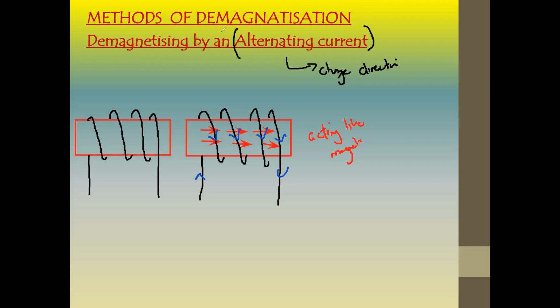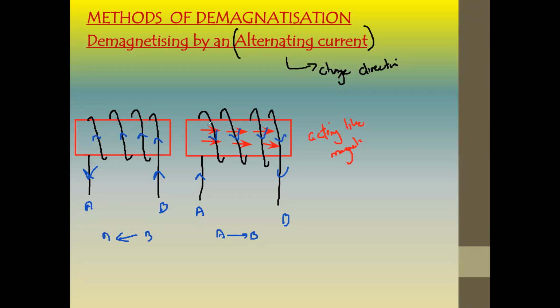Now alternating current means the current continuously changes. So first it was passing, for example, from A to B. Now the current is passing from B to A, and the first one it is passing from A to B.